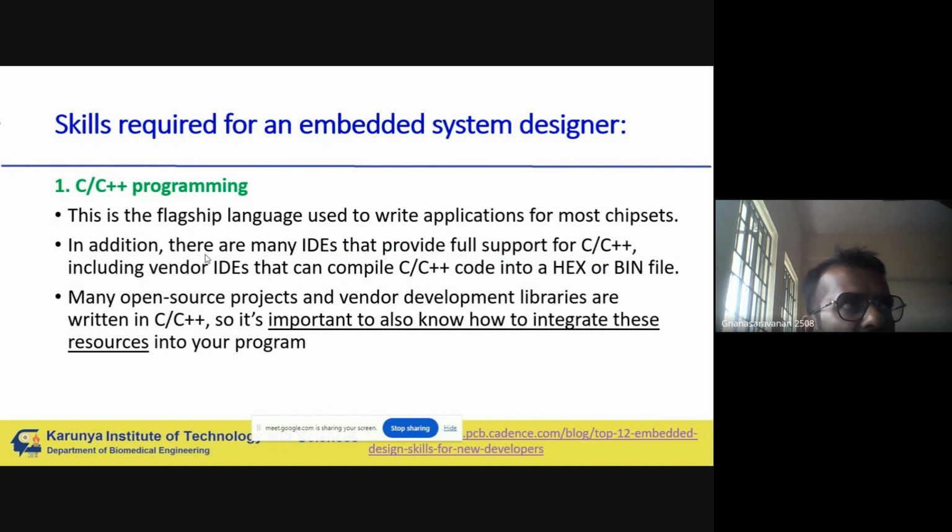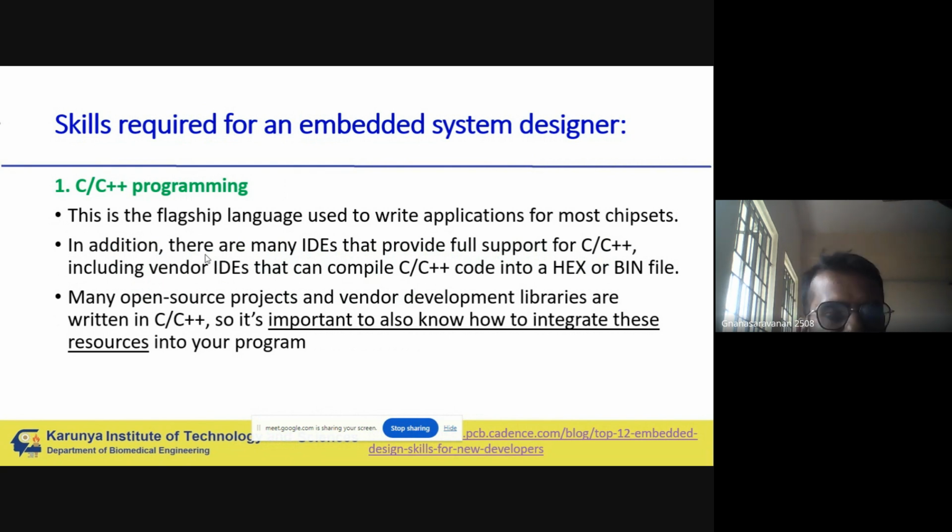So one is C or C++ programming. The knowledge of C++ is very fundamental and necessary nowadays, because any high level language you take, the foundation depends upon C++. So how does C programming help in embedded?